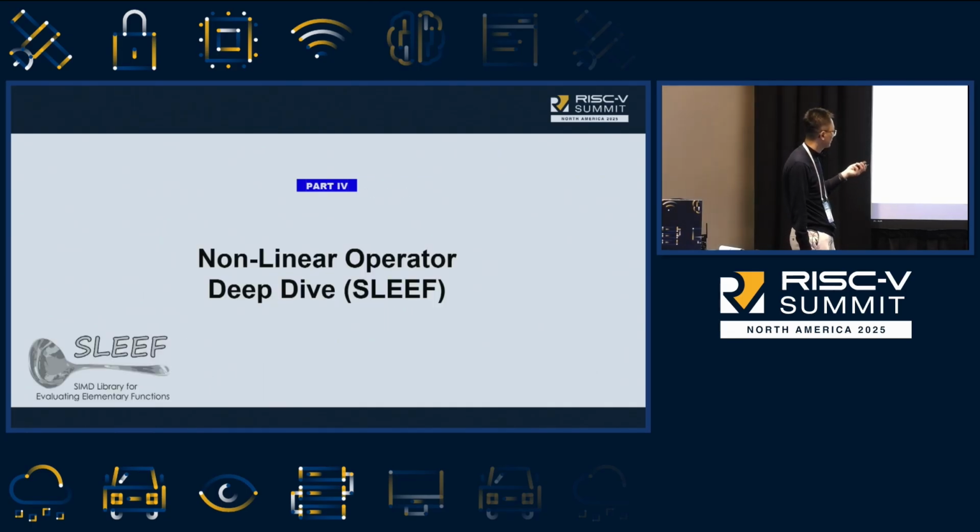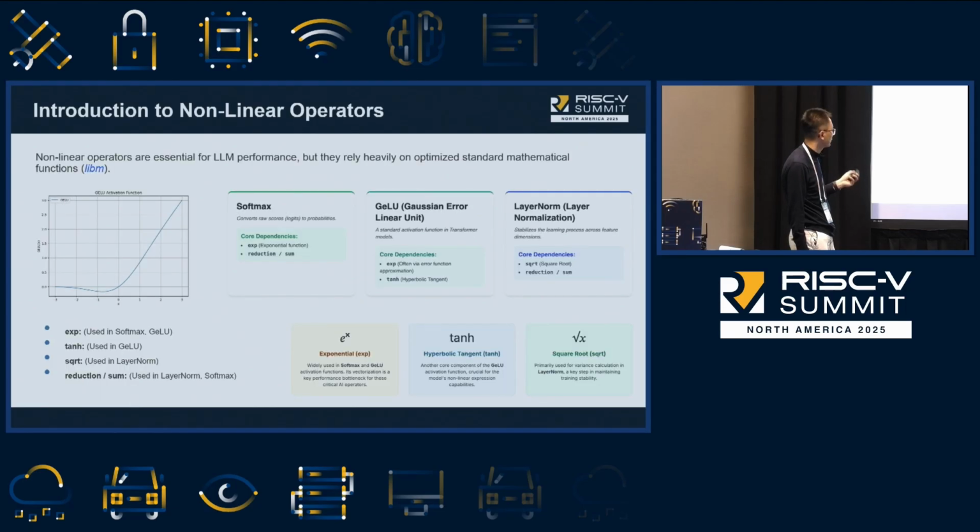So moving on, in this project I also measured the performance of the nonlinear operators. Nonlinear operators come in many different types, like a classifier, activation function or the normalizer. All these are mandatory, but they're not the major computing operator.